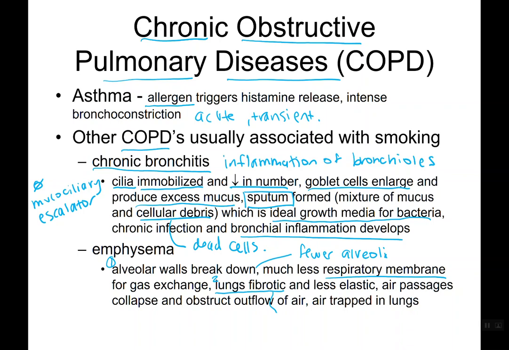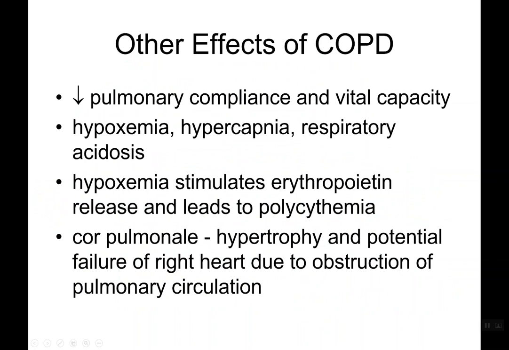And remember, scar tissue is primarily collagen. And collagen is not as elastic as alveoli. So you get a loss in compliance that is secondary to an obstruction. So air passages collapse and obstruct airflow, and you get air trapped in the lungs. So it's also harder to exhale for these individuals. And there's a waiting to exhale joke in there somewhere, but I don't feel like making it right now. So you can just mentally imagine that.